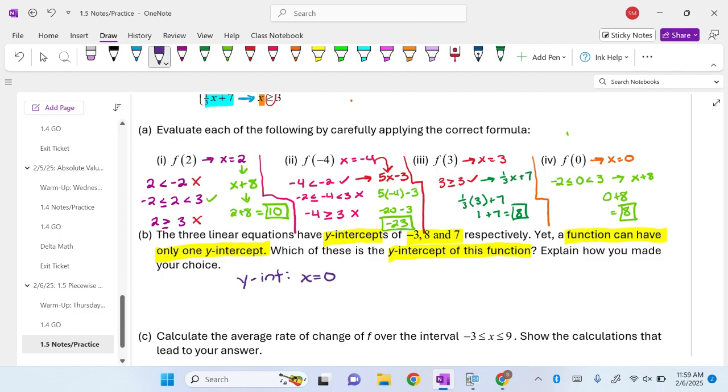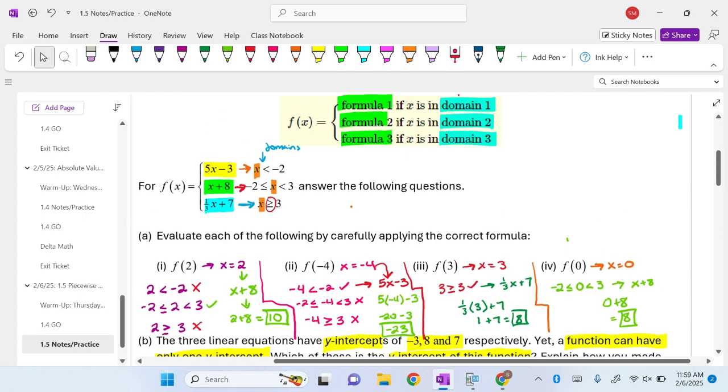So let's think about this. In the piecewise function, which equation is the only one that we can use that would fit when we have x equal to 0? The yellow, green, or blue? The green.